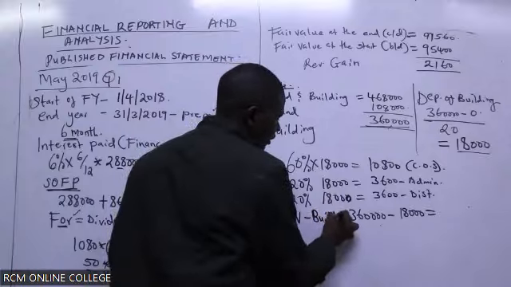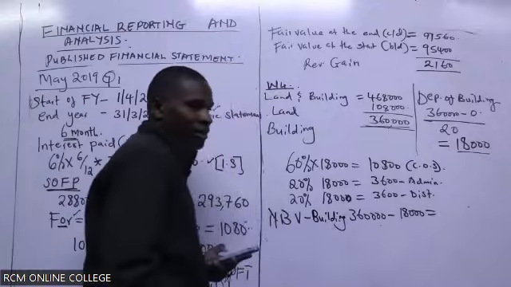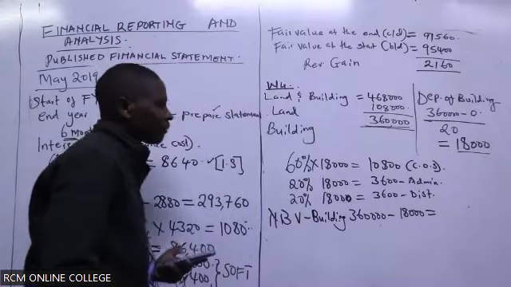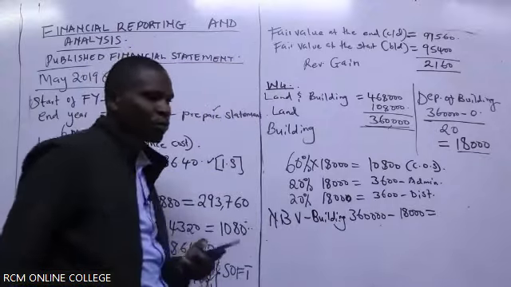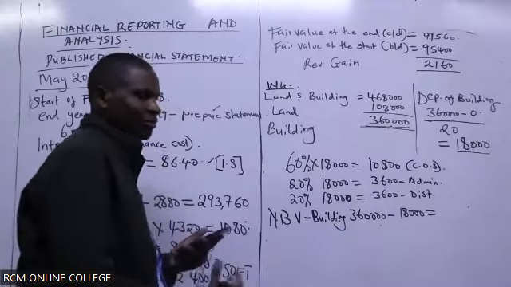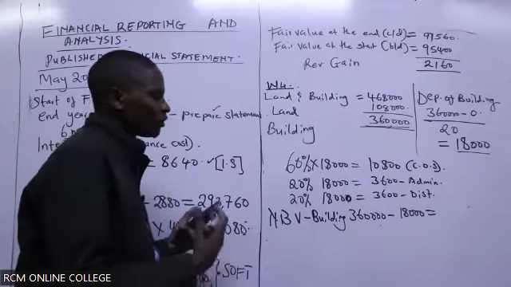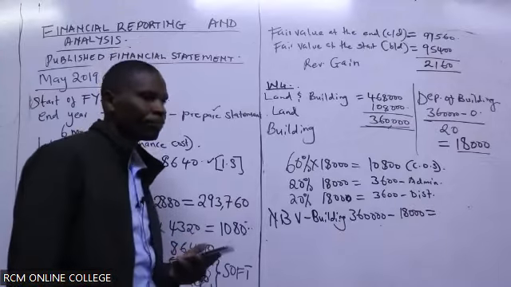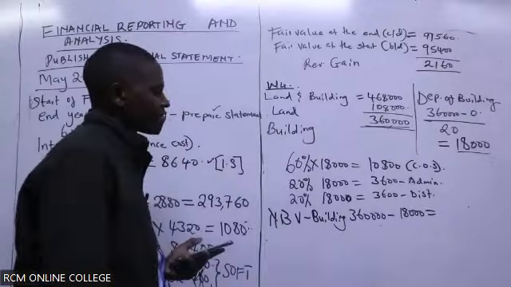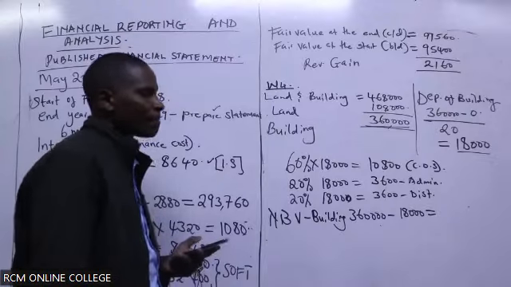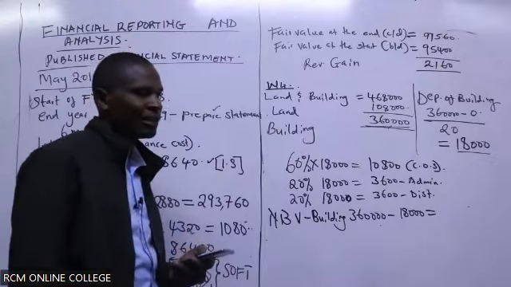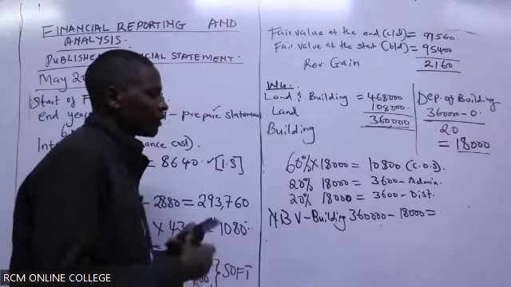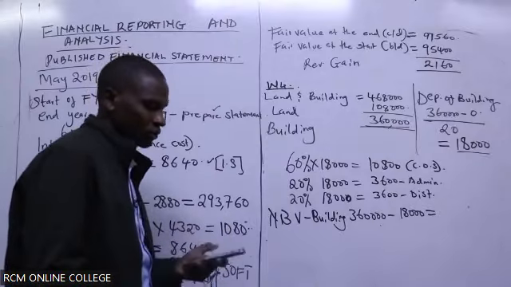I can see people are really following this, and that is nice. Asante. So, give me the net book value of building. Yes, the building was the one which was valued. What is the net book value? Inaingia ngapi? We want to see whether there was a revaluation gain or a revaluation loss.